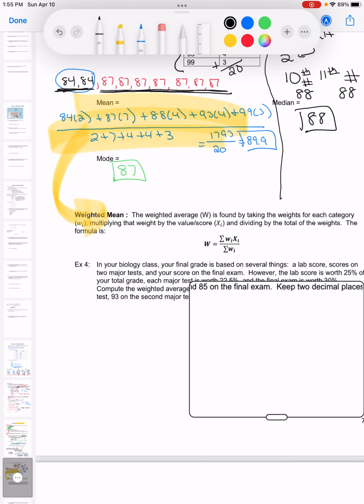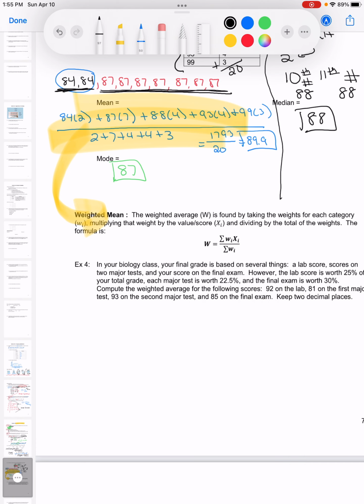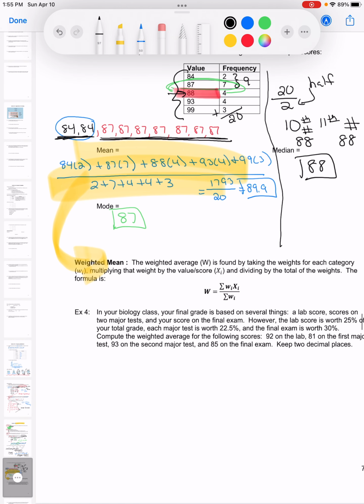The weighted mean is where we multiply the weight, or in this case the frequency, times our number, our value. And remember, this big symbol there just means the sum. So you can see I multiplied and then I added up everything that I multiplied together. And then the bottom is a sum of all those weights that I used up above.